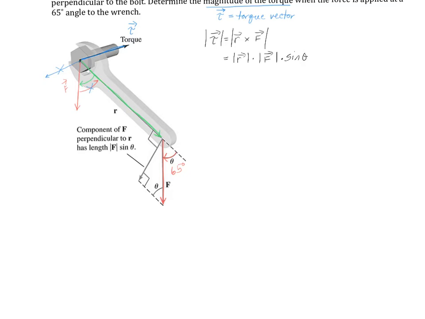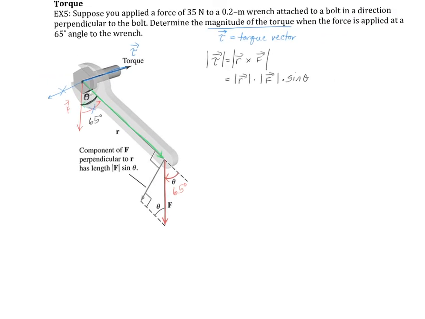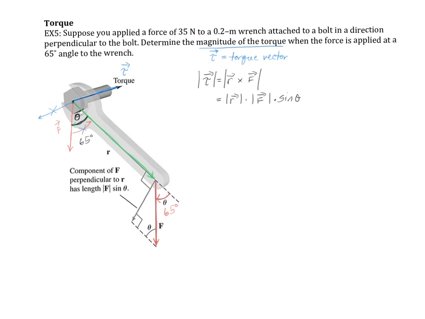If we look at the angle between F and R, and we look at this angle theta, this is 65 degrees. So I have theta. But do I have the magnitude of R and the magnitude of F? Well, let's look at our given information. It says, suppose you applied a force, and here the force is 35 newtons.